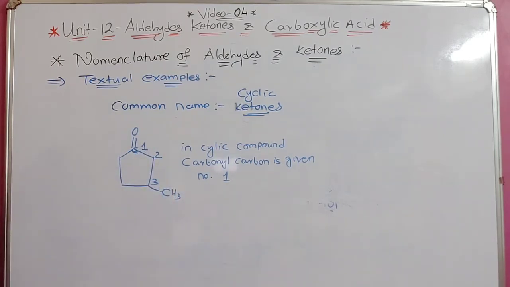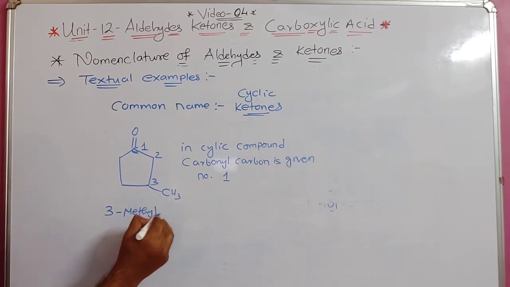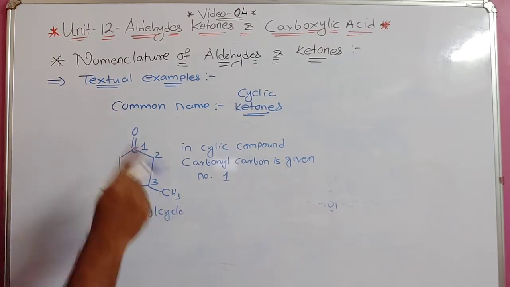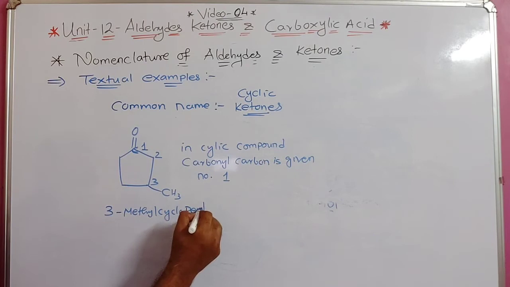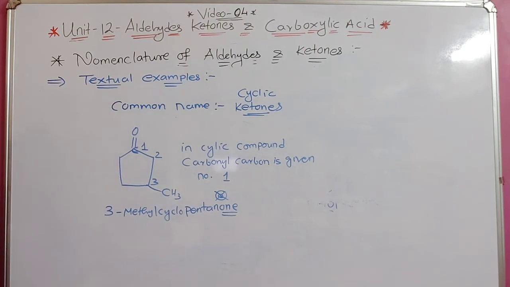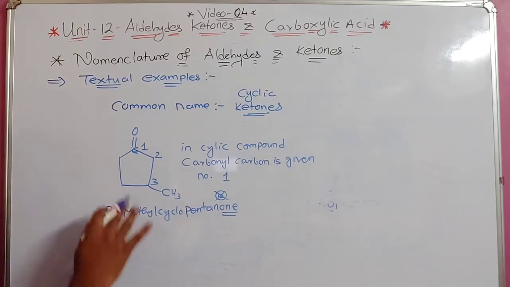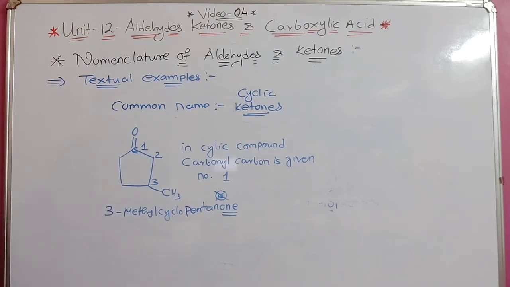So if I want to write the name, it will be 3-methylcyclopentanone. From pentane, E is removed and ONE is added, so pentanone. Understood? You can write down this numbering in your textbook. If you can't see, I'll write with a red pen.